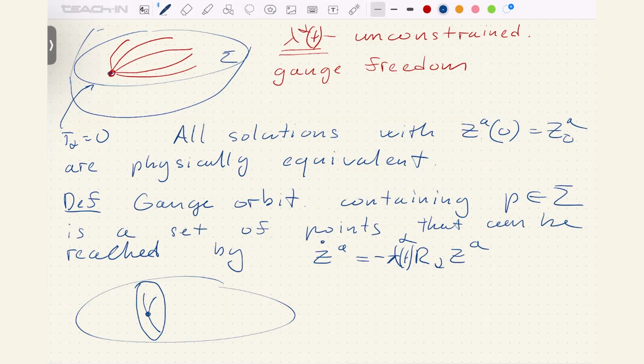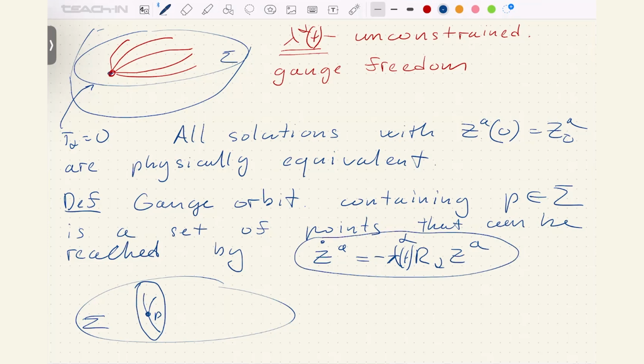So a gauge orbit containing point P is a collection of points of sigma, because we know that this evolution preserves sigma, so we can safely forget about the rest of our phase space, and we are going to see to which points of our sigma we can get by the flow generated by this equation.